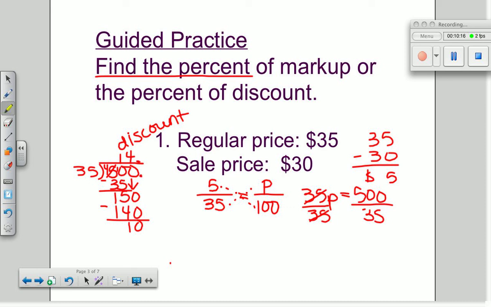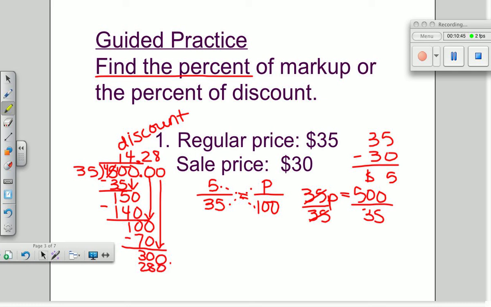Decimal point, add another 0 because we have a remainder. We need to keep going. 35 goes into 100 2 times. 100 minus 70 is 30. Add another 0. Keep going. 35 goes into 300 8 times. 280. 300 minus 280 is 20.